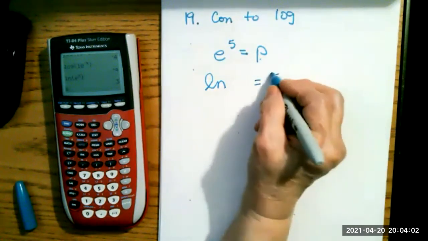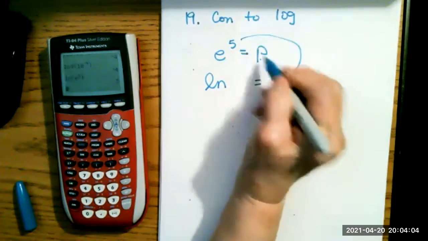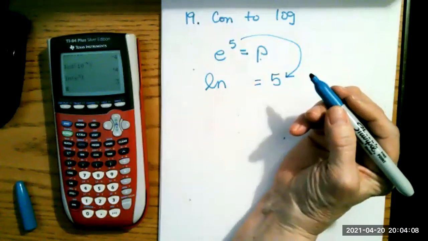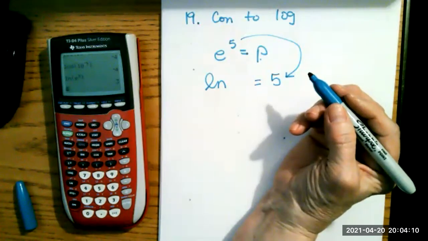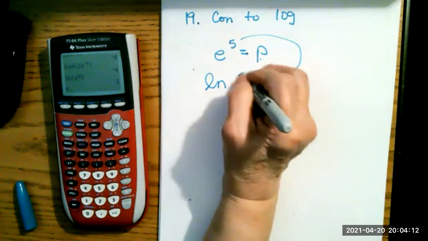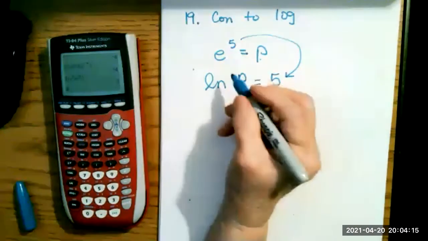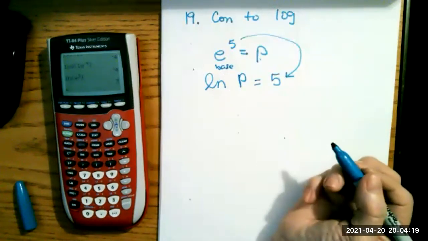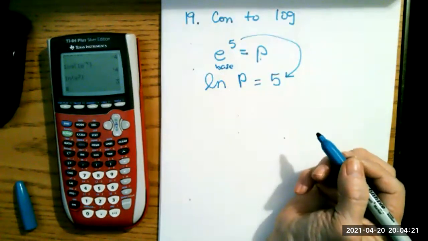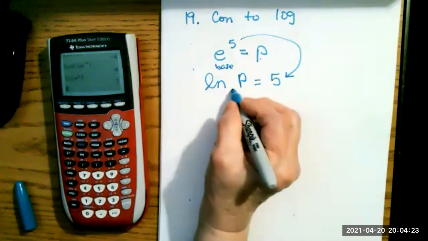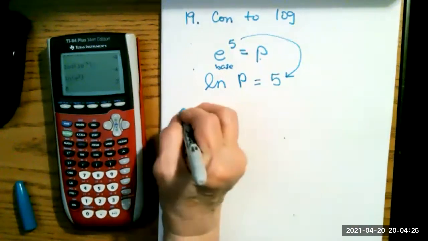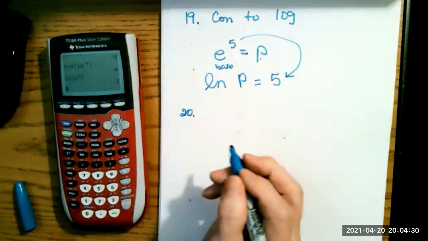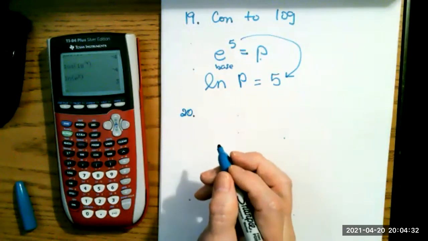After the equals. That's the answer. Where does this P go? It's the big log number. And the E is your base, but if you don't put it, it's understood to be E because you wrote ln. So you don't have to put the E here. It's redundant to put the E there, although sometimes I do, just to keep me straight.